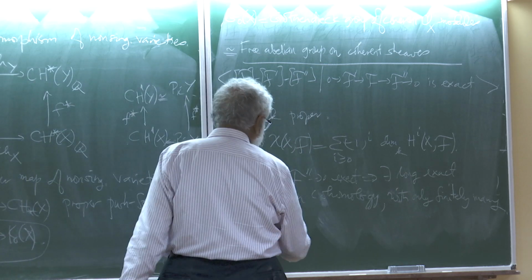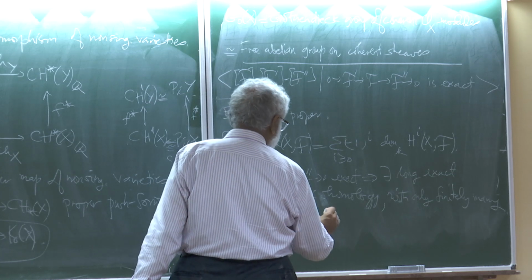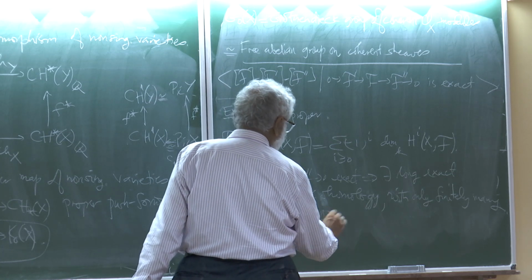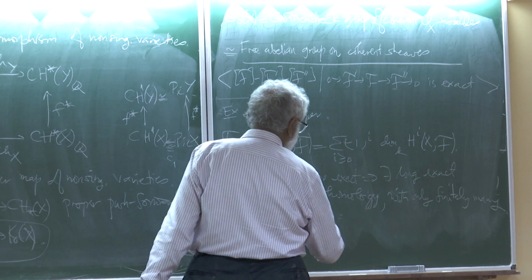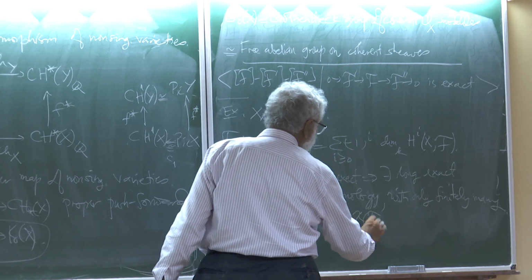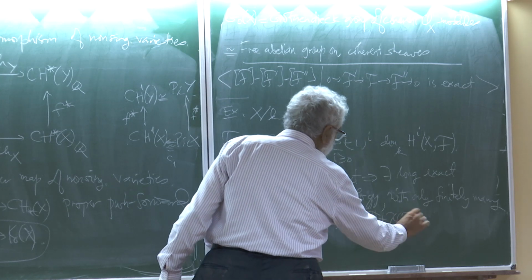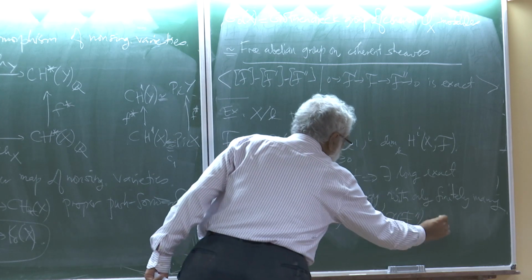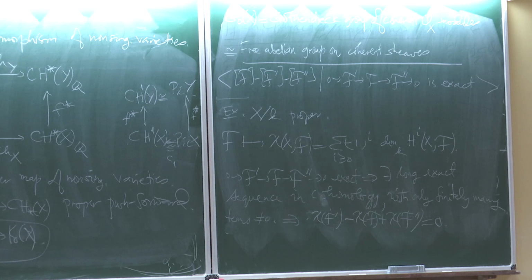But that implies chi of F prime minus chi of F plus chi of F double prime is equal to 0.